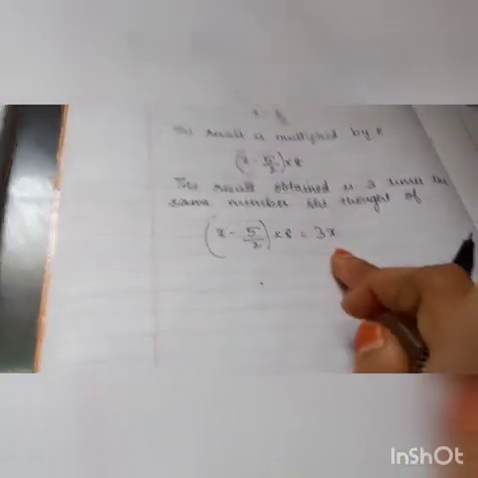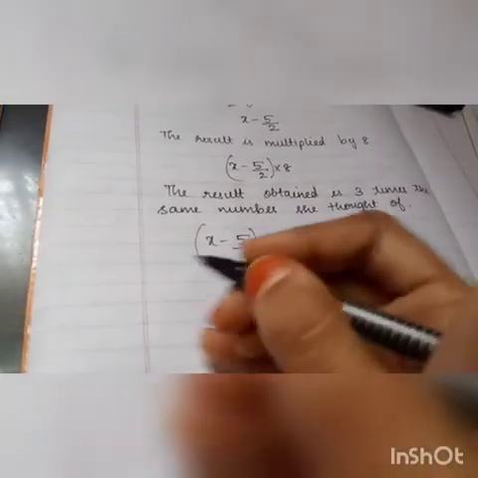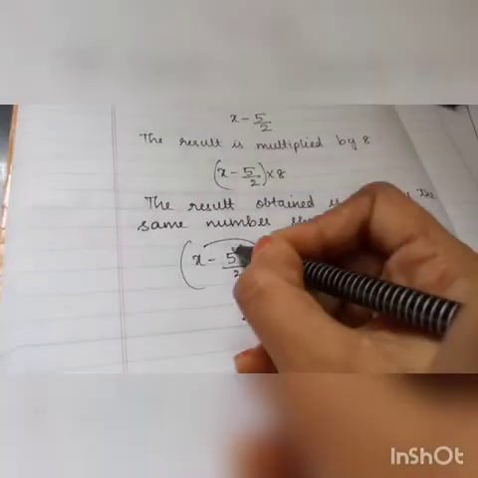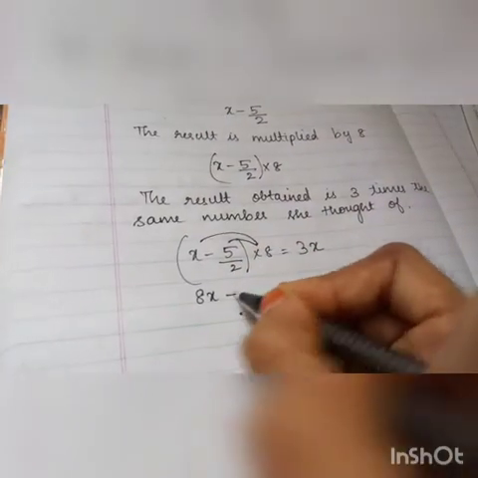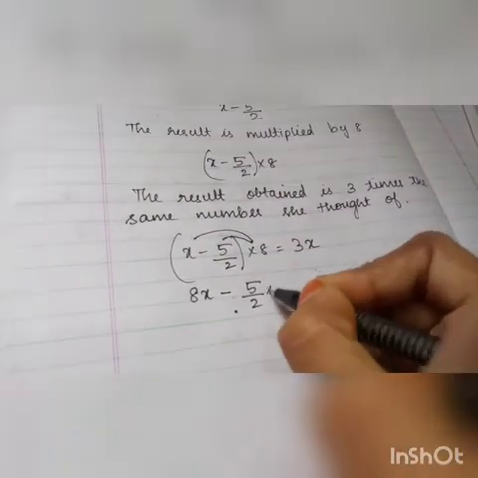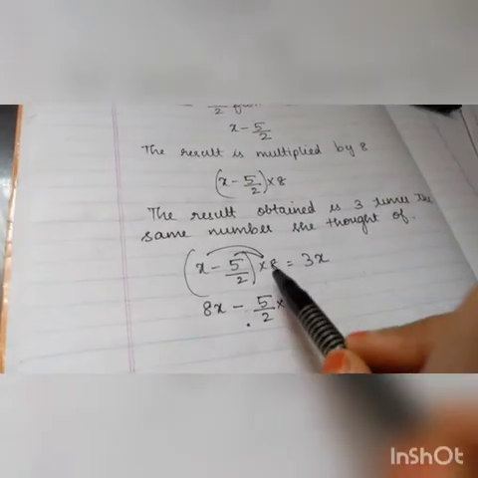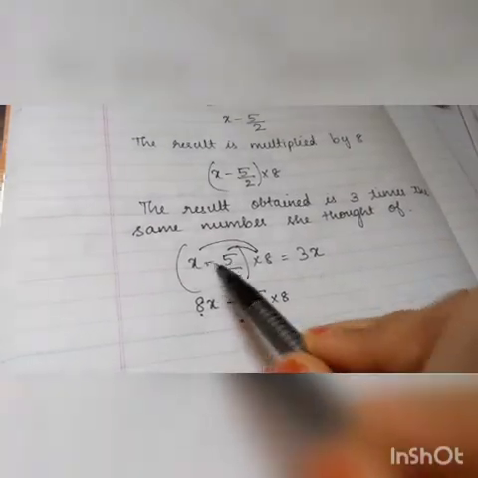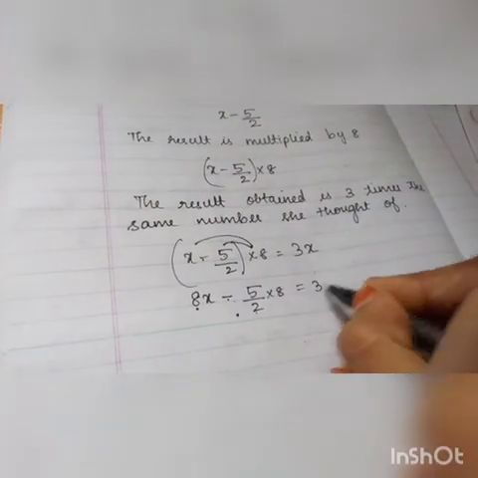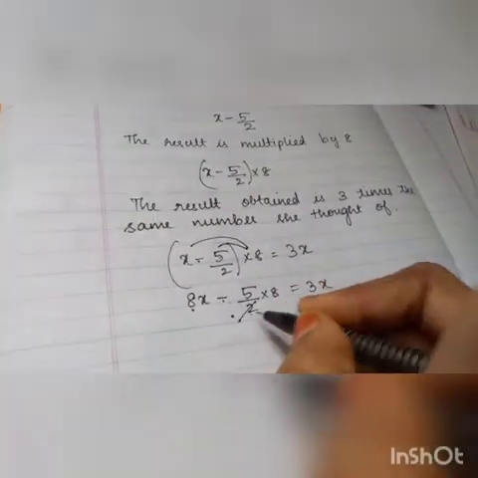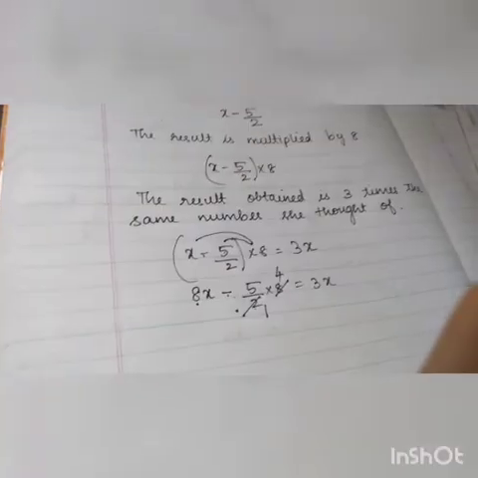Can we solve this equation? Yes. 8 is common for this as well as this. 8 into x, 8x, minus 5 by 2 into 8, equal to 3x. Now shall we cancel this? 2 ones are 2, 2 fours are 8.